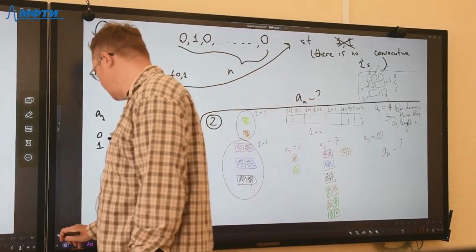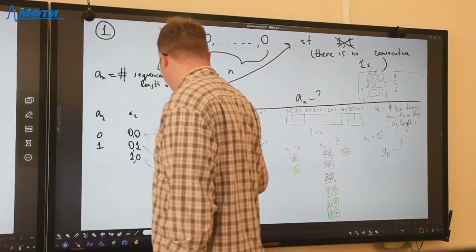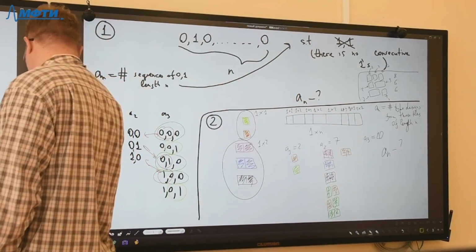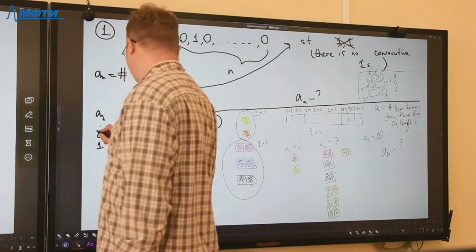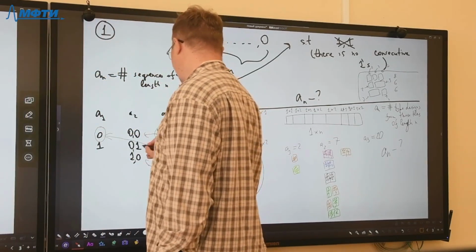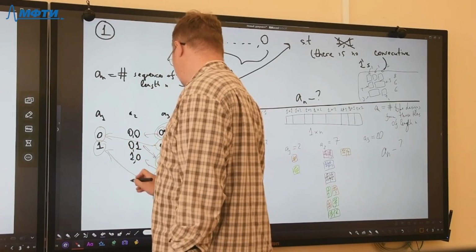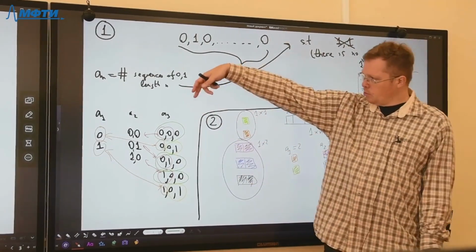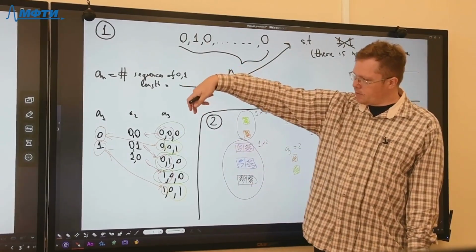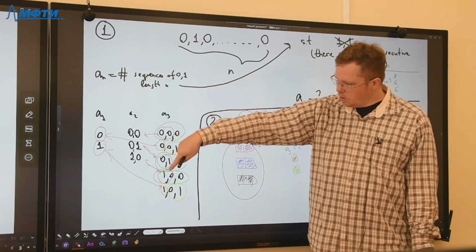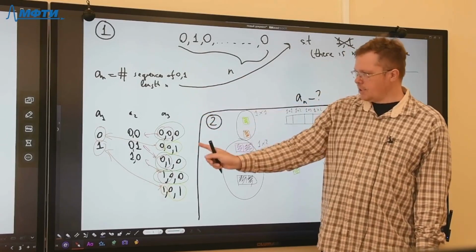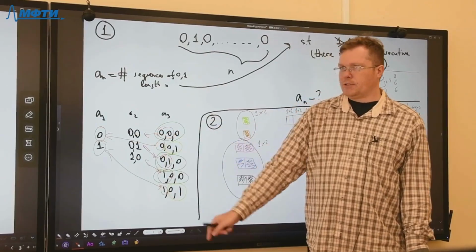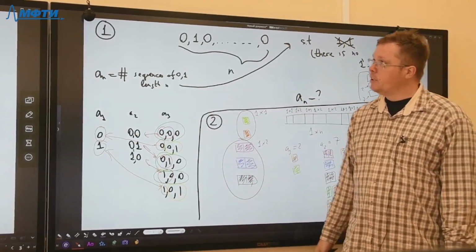And if the last element is 1, then the previous element is 0, and the first element will be exactly one element of the sequences of length 1, and so on. So if I want to look at all possible sequences of length 4, I can take all the sequences of length 3 and add 0 to them, and take all sequences of length 2 and add 0 and 1 to them. And so I'll have every different possible sequence of length n.